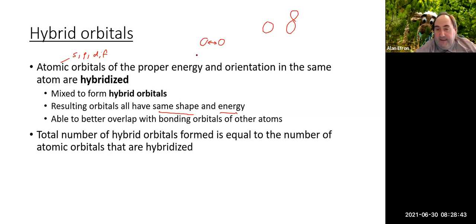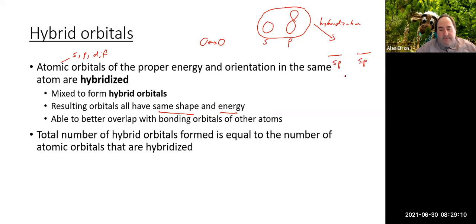If we, for example, take an s orbital like this and a p orbital, we just take one of each of these guys and we put them together, and this goes through hybridization. It would create two sp hybrid orbitals.